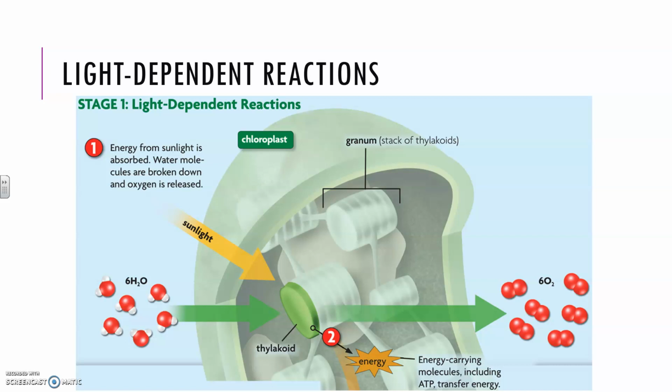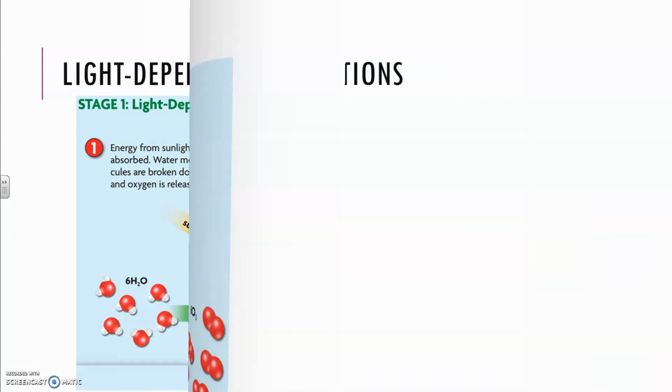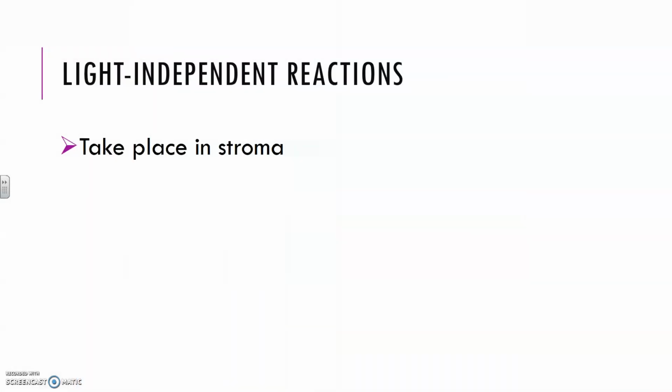We'll see where the numbers and all of that come in later. Also, you're going to be producing energy-carrying molecules, including ATP, which are going to transfer the energy from the light-dependent reactions into the light-independent reactions. The light-independent reactions take place in the stroma, so in that space around the thylakoid stacks, the grana.